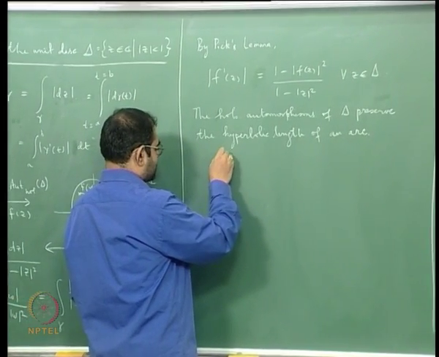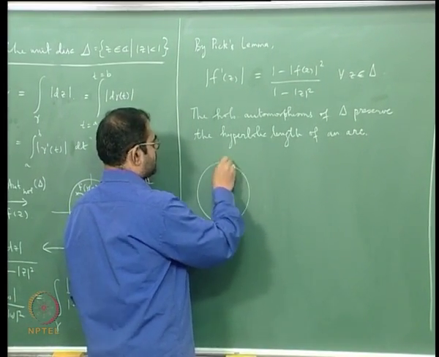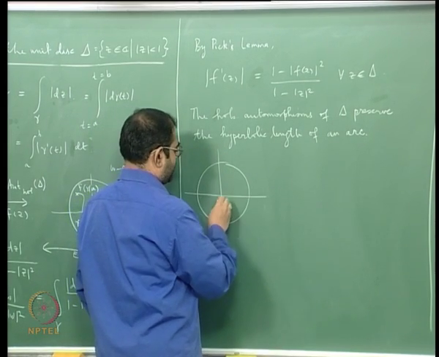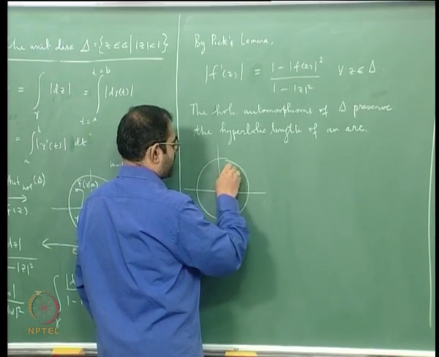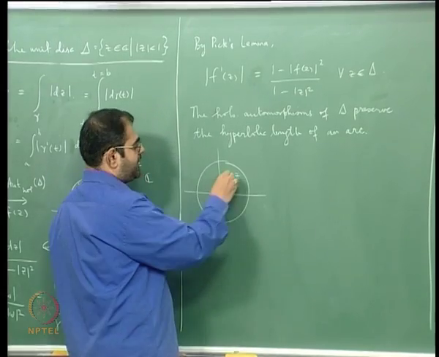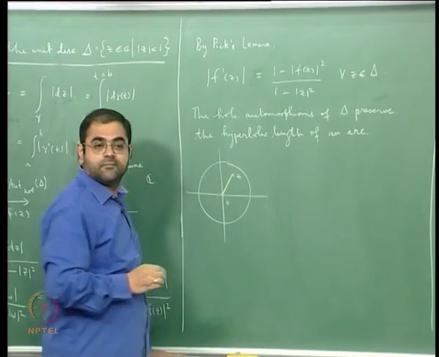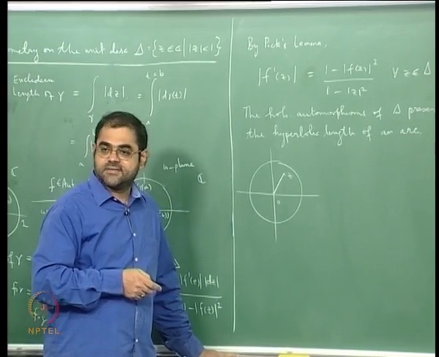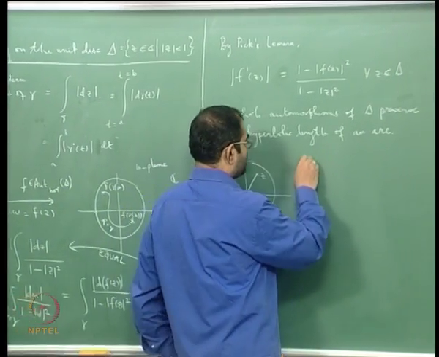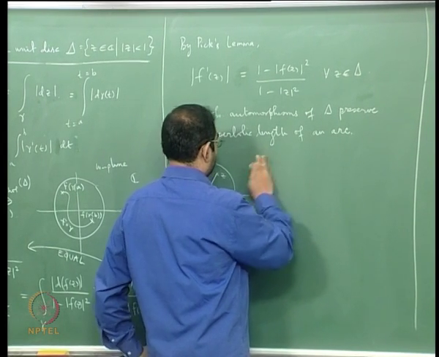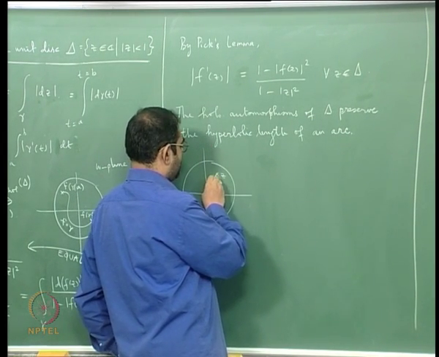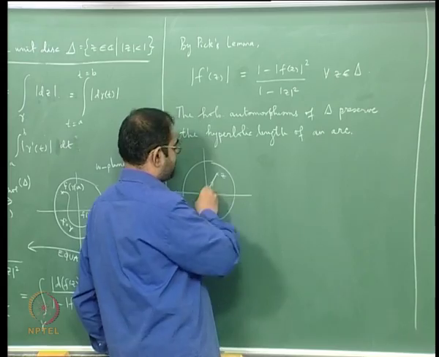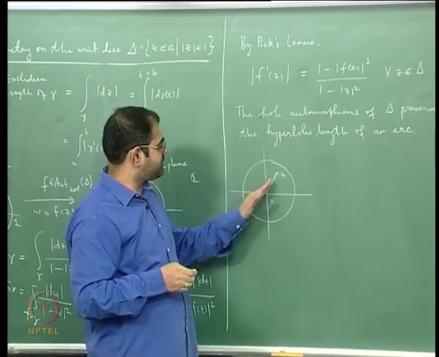If you take the unit disk, take a point 0, take the point z, and take this straight line joining 0 and z, then try to calculate what this length is. What is the Euclidean length? To calculate it, first of all I need a parameterization. I must think of this as a path.